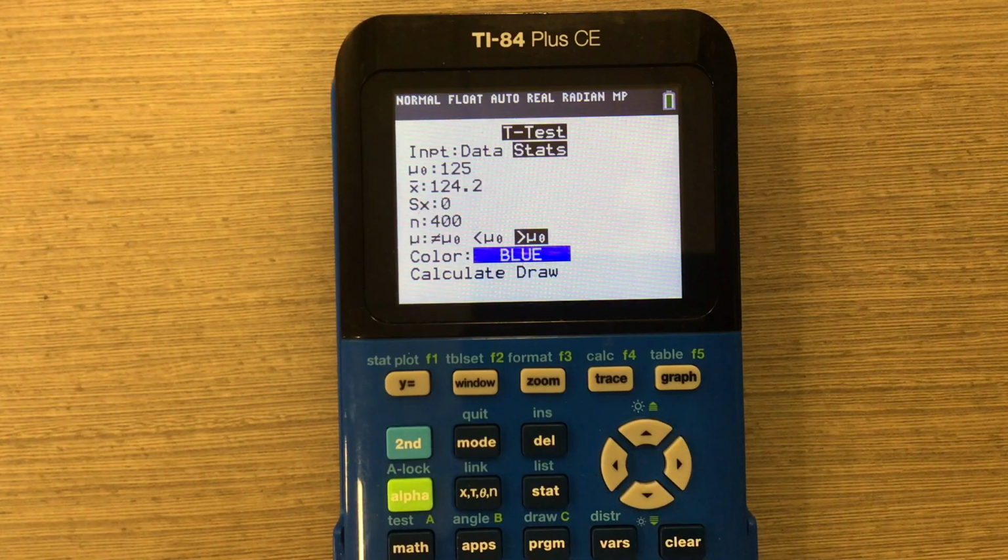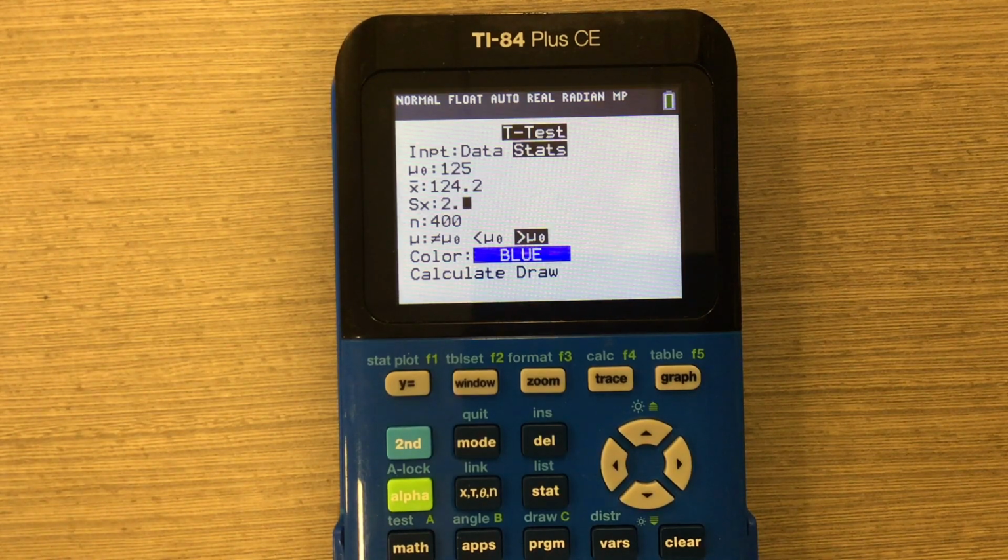Sx, that's our sample standard deviation. So notice I am not writing in the sampling distribution's standard deviation. So here I do not want to put in what I calculated of 0.8794. I'm putting in the 2.7809 number because it will automatically do the calculation for me.